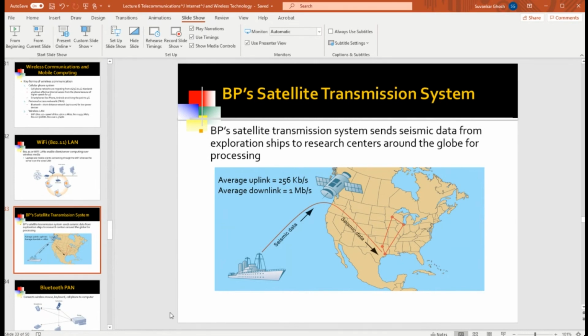It's not a good idea to be on a cruise right now, but let's say if you are, then certainly you could. Those links are satellite-based links, and satellite-based links do not have that much performance, as you can see here. The uplink is 256K, and the downlink is about 1 meg. So here again you're seeing the other side of the picture, where the wireless medium, particularly long haul, is not going to offer you that much performance.